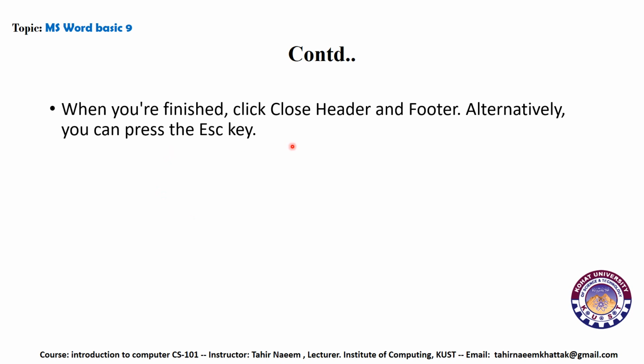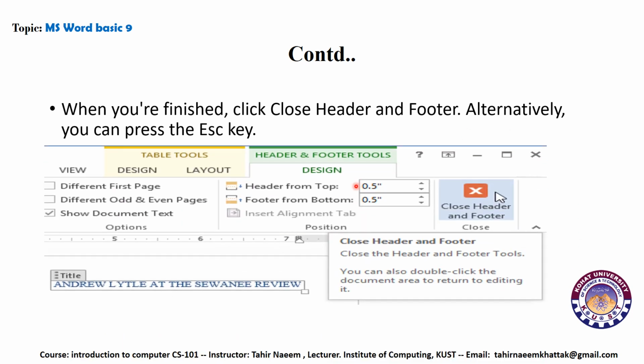When we are finished, as we previously discussed, we click on close header and footer. We can also press the escape key, as we have mentioned previously, and here, as you can see, the title will appear in our header.